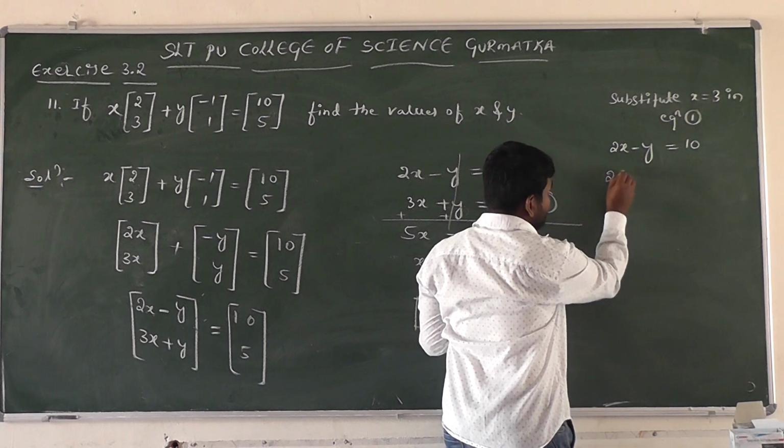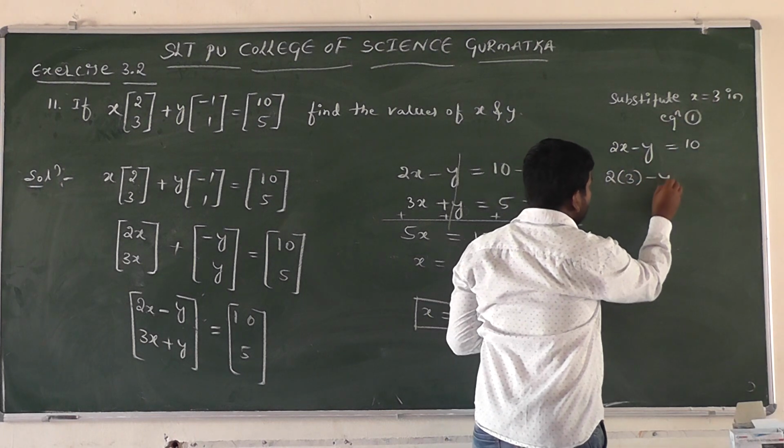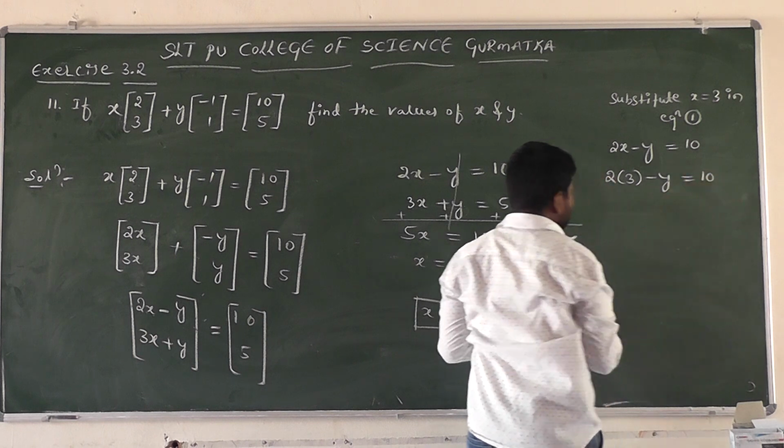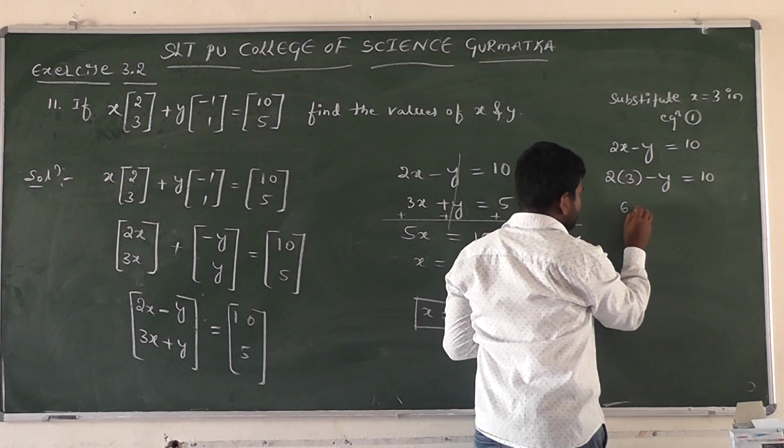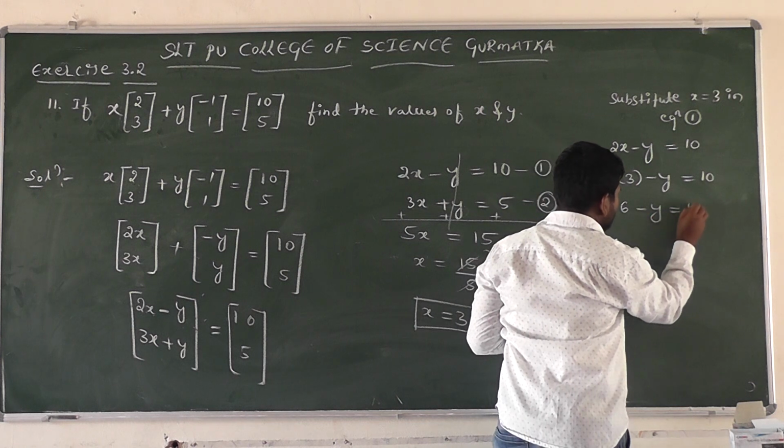In place of x we substitute 3: 2 into 3 minus y equals 10. 2 times 3 is 6. 6 minus y equals 10.